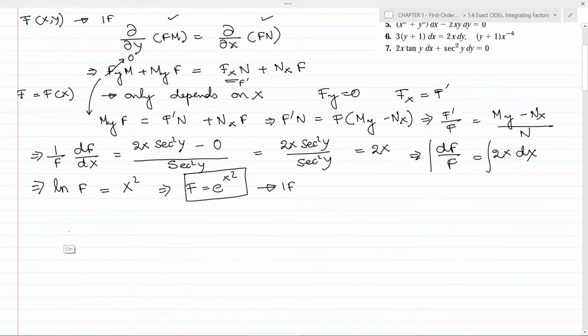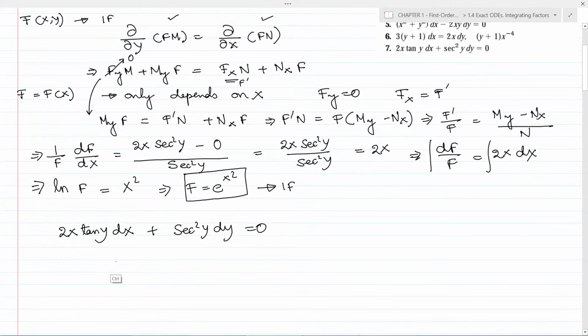So now we have the original differential equation 2x tan y dx plus sec square y dy equal to 0.